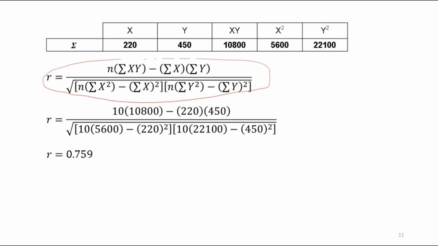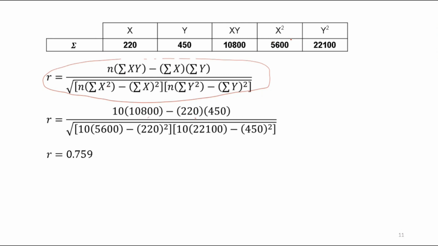Since our n is 10, substitute: 10 times total XY, where total XY is 10,800, minus the summation of X, 220, times 450, and then divide by the square root of 10 times total X to the power of 2.